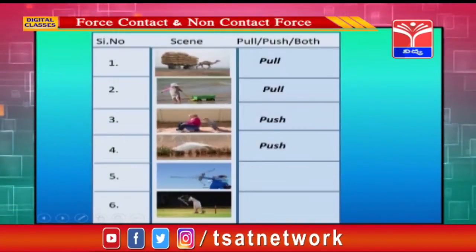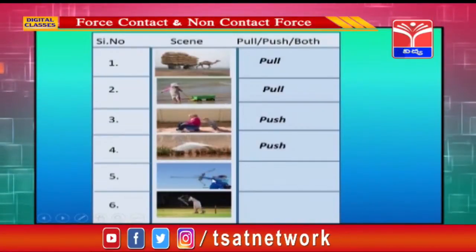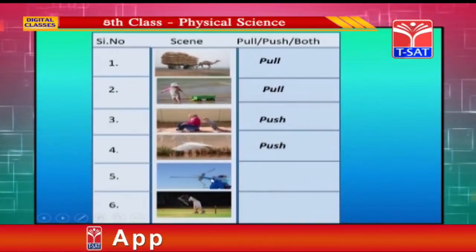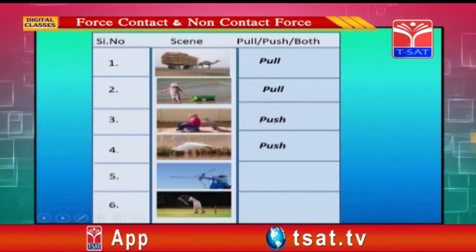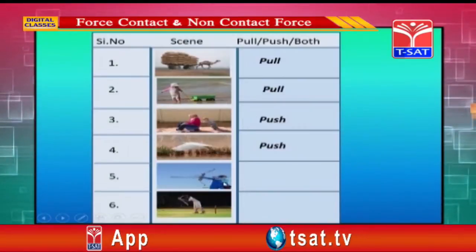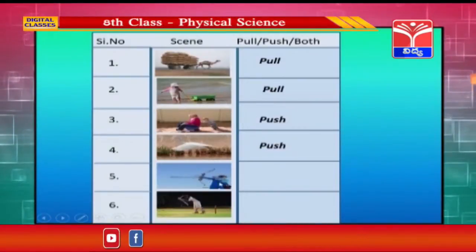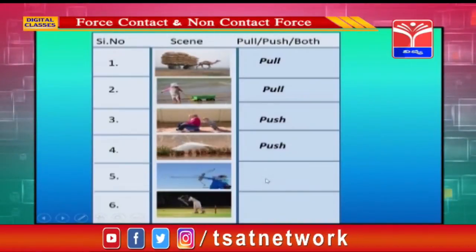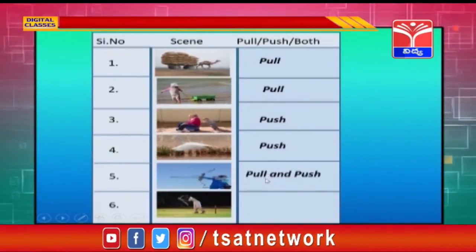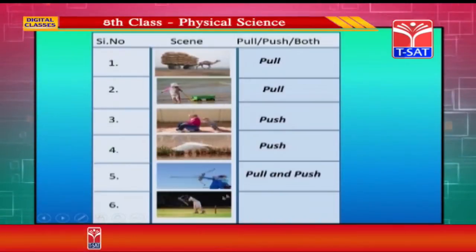Before releasing the arrow, the shooter has to pull the arrow along with the bowstring in a backward direction, and then the bowstring pushes the arrow in a forward direction. So in this action both pull and push are involved.